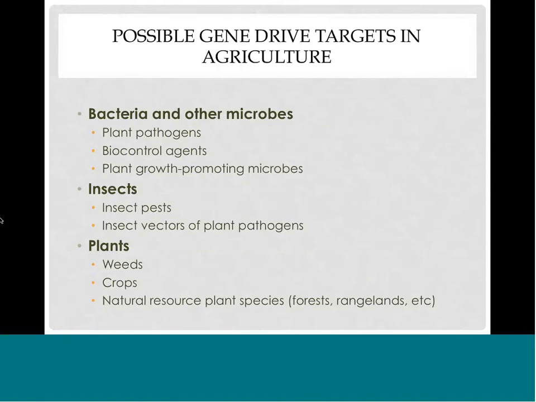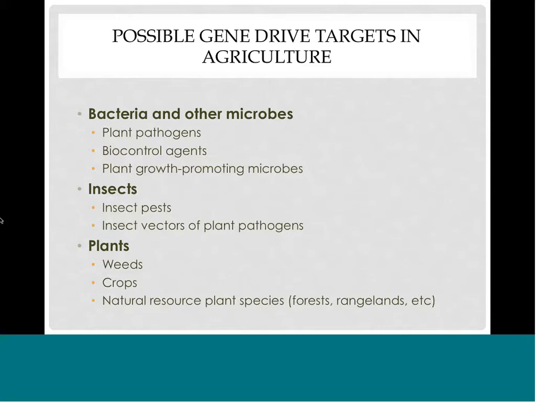What might we target in crop-based agriculture? Well, a number of different targets could be considered. Bacteria and other microbes would be one, and that could include the plant pathogens themselves, but also other kinds of microbes that affect plants, like biocontrol agents that are used fairly frequently in plant pathology work, or microbes that positively affect plant growth and that are used as supplements in agriculture.